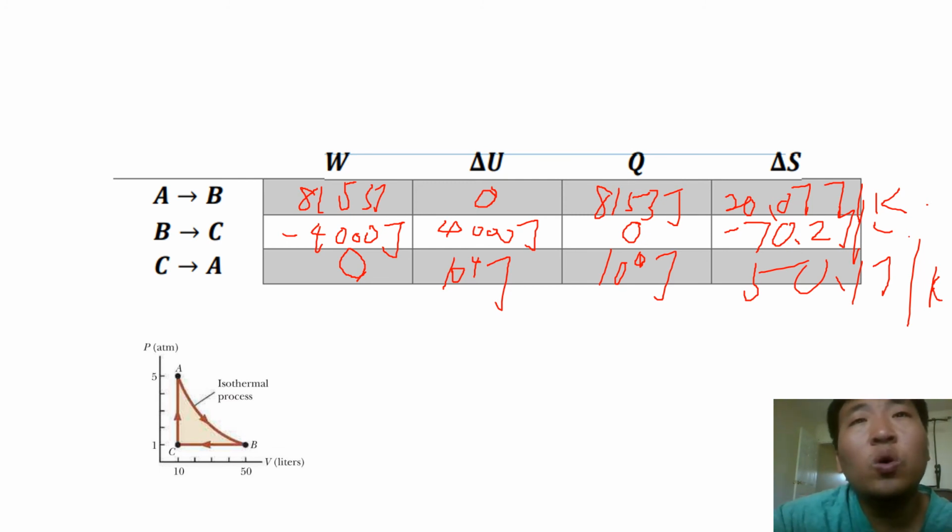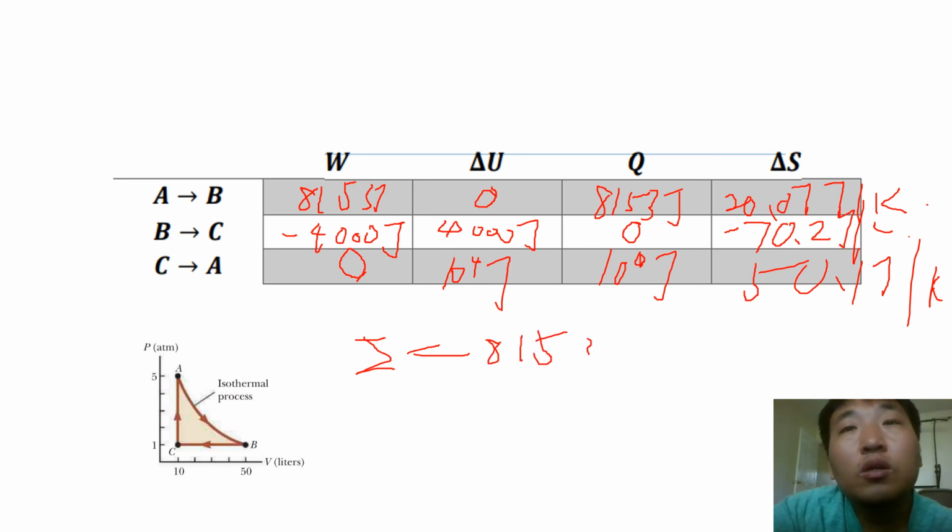And in terms of internal energy, there's 14,000 joule of internal energy transferred into the system. And in terms of work, we know that the entire work done is 8153 joule minus 4,000, that is 4153 joule.